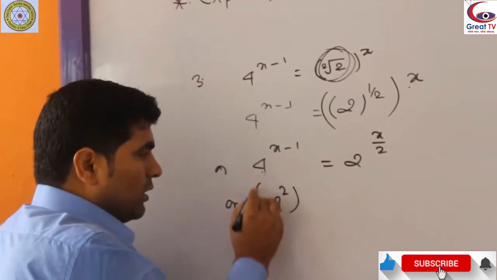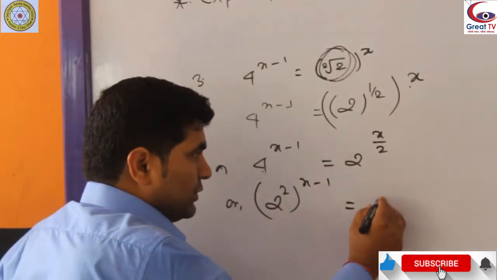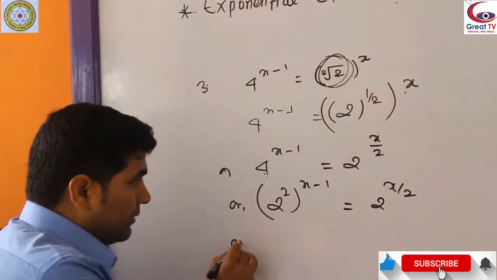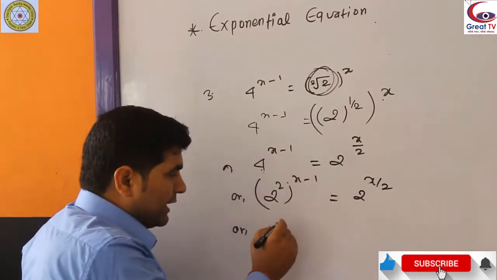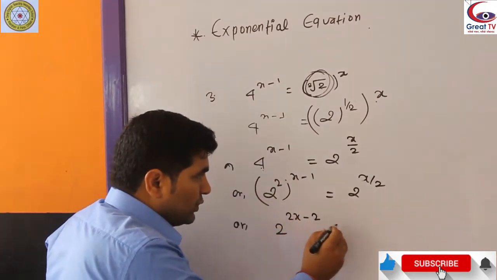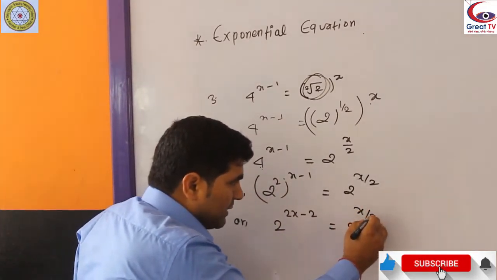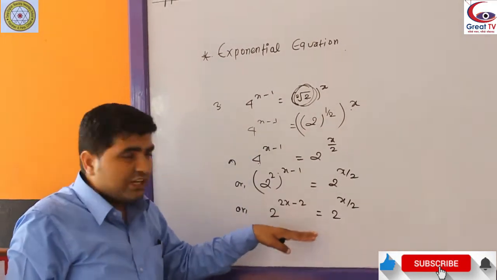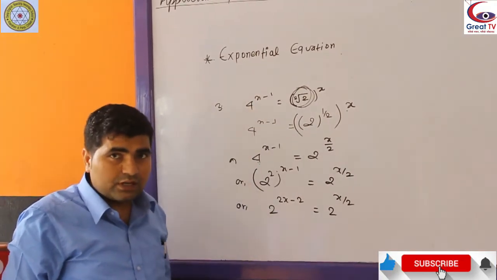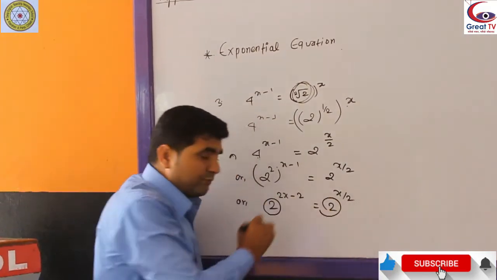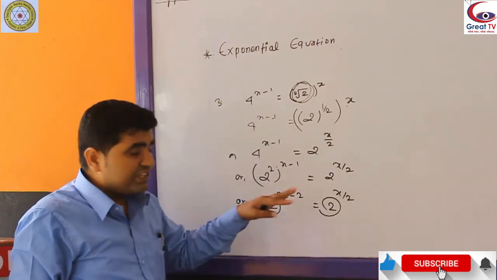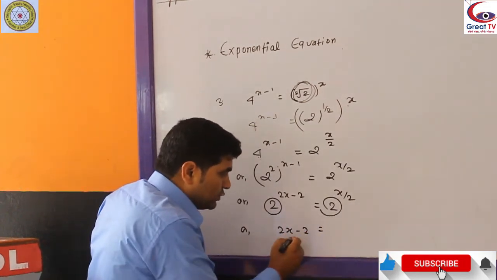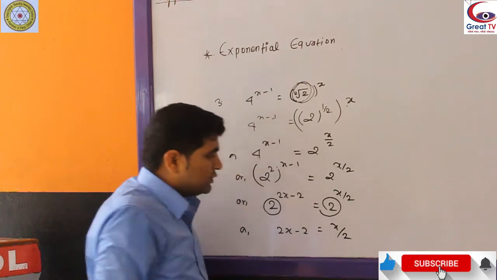So 2 power 2 times x minus 1 equal to 2 power x divided by 2. Or 2 power multiply, now 2x minus 2 equal to 2 power x divided by 2. Up to here we used the laws of indices. Now we can use the axiom of exponential equation, because here the bases of both sides are the same. Now we can equate the powers, 2x minus 2 equal to x divided by 2.